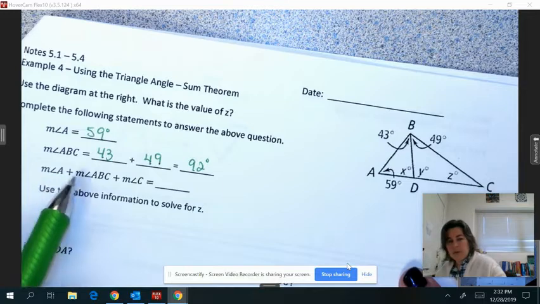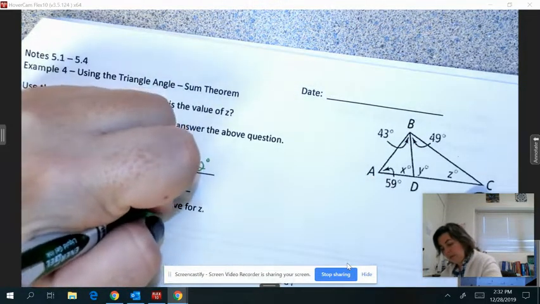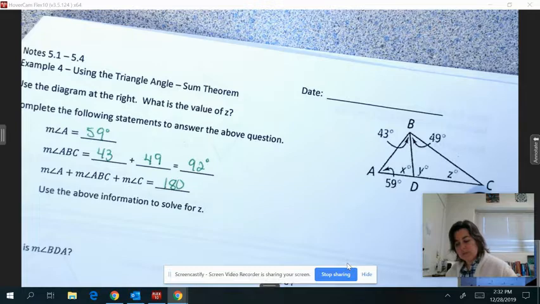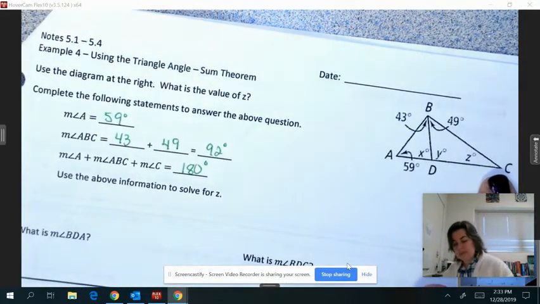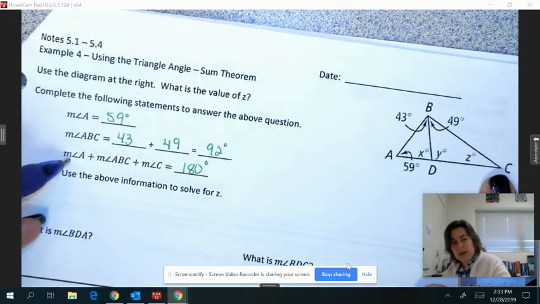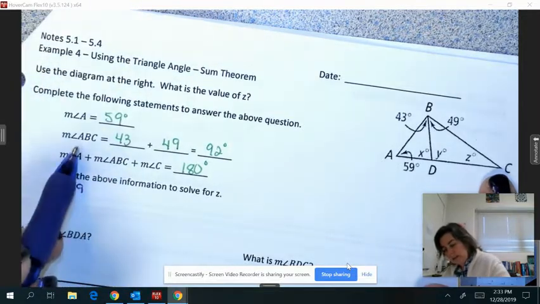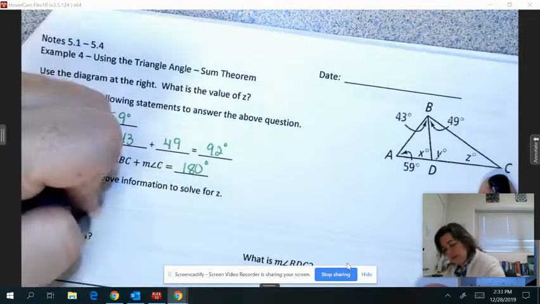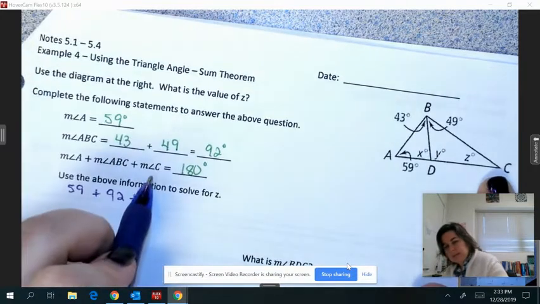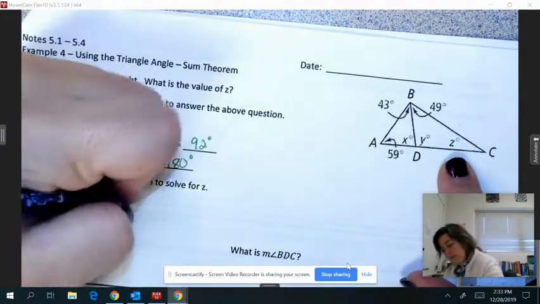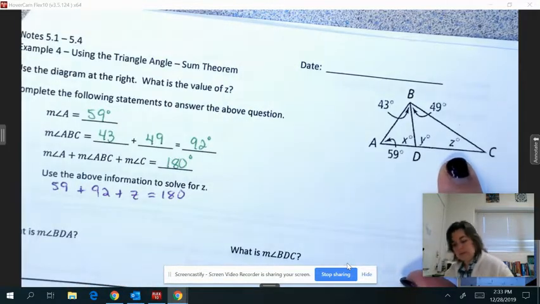So I know that if I add up the three angles of a triangle, they have to add up to 180. So now we're going to substitute in what we know. Angle A is 59. Angle ABC is 92. And angle C is over here, that's our Z. And they have to add up to 180.